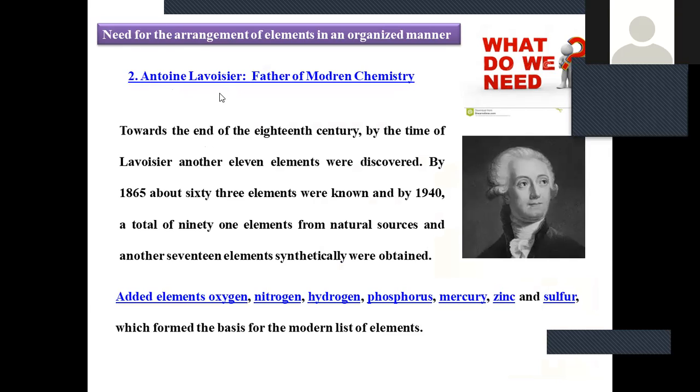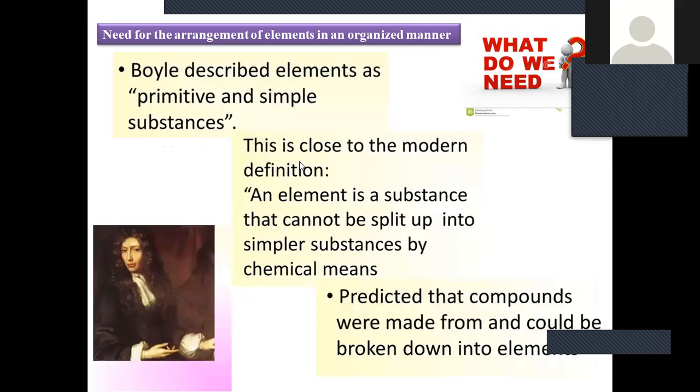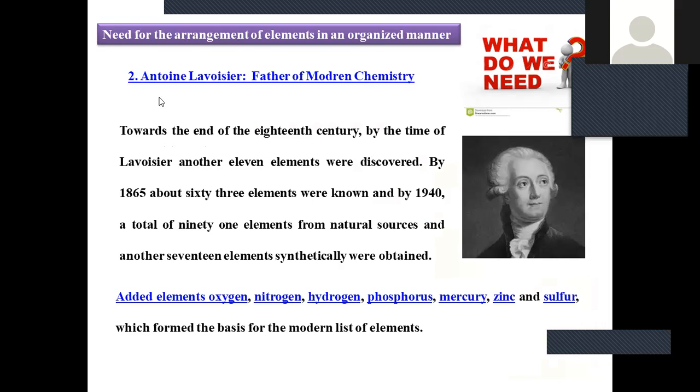Now let us move on to the second type of classification, which was provided by Antoine Lavoisier, considered the father of modern chemistry, towards the end of the 18th century. Robert Boyle belongs to the 16th century and Lavoisier belongs to the 18th century. By the time of Lavoisier, another 11 elements were added: 13 were known, and 11 more means 24 elements.